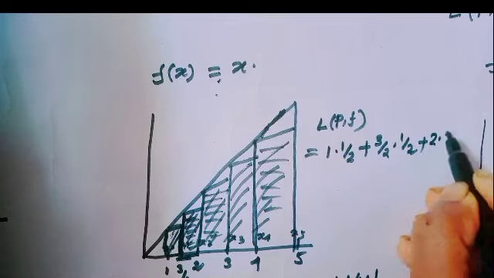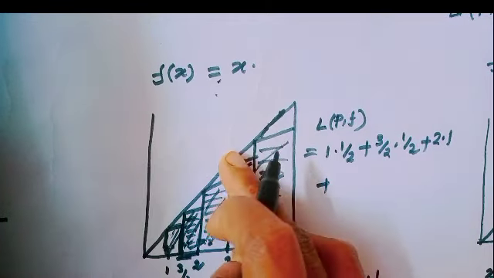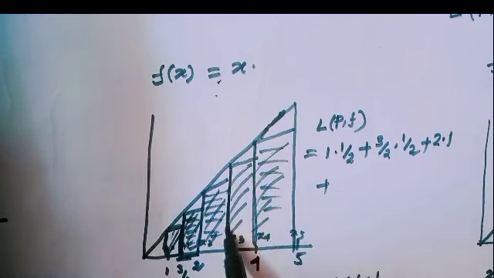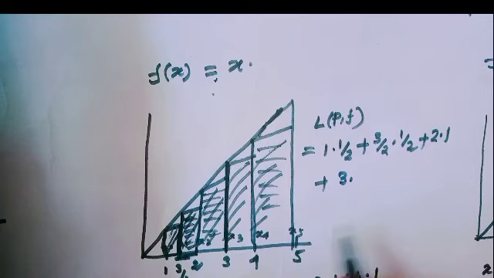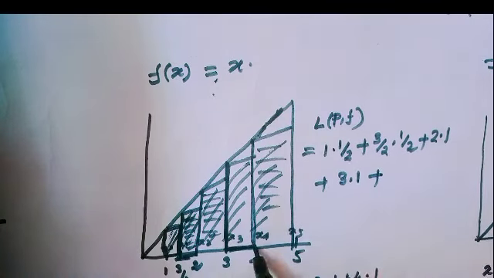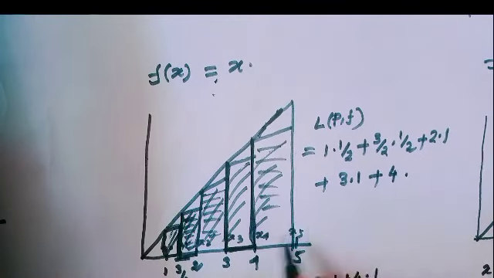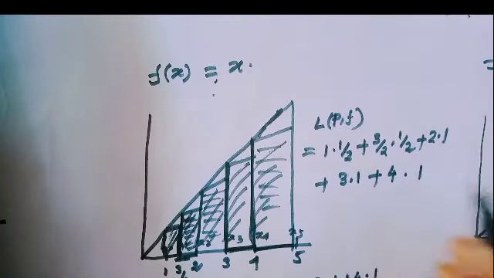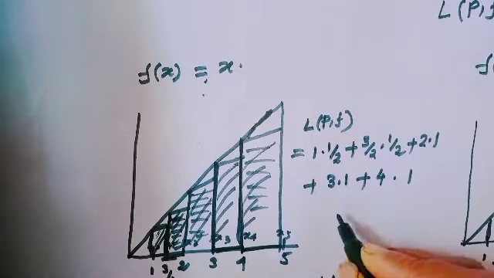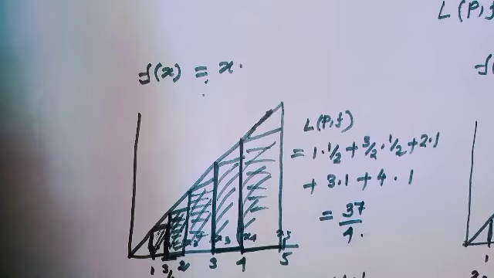That means 2 times 1, plus here notice this height would be 3 and this distance is 1, and for this the height would be 4 and this distance is 1. If you calculate the value, then this value would be 37 over 4.